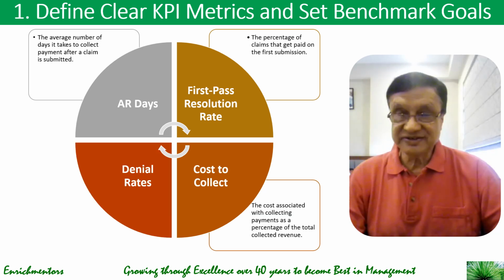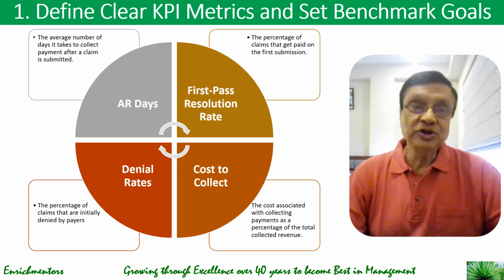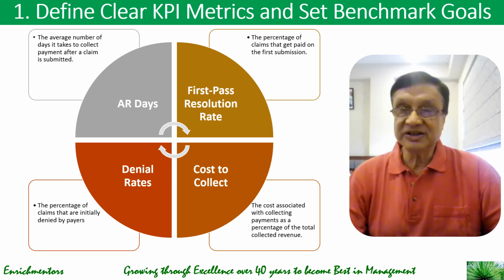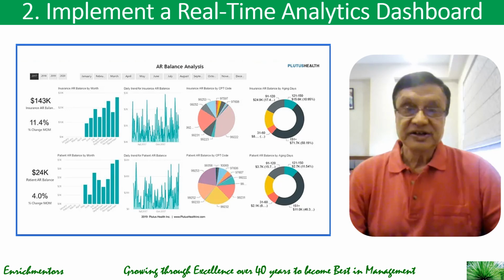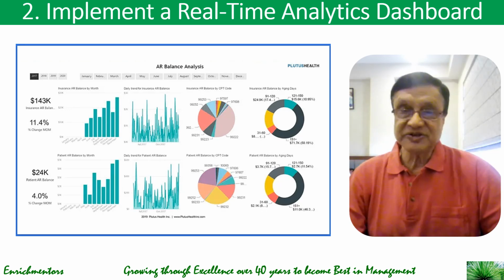And the denial rate is the percentage of claims that are initially denied by the payers. So define in your own way, like we have illustrated to you, the clear KPI metrics, and then go about setting the benchmark goals.